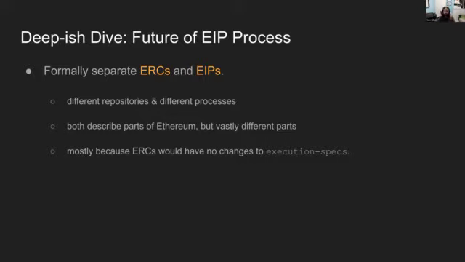These types of changes should be in different repositories because they have different processes associated with them. They both describe different parts of Ethereum, but completely different parts. And the technical reason for this recommendation is because ERCs don't change any of the execution specs. They're implemented entirely within the execution specs, so it'd be difficult to combine them into a single repository.